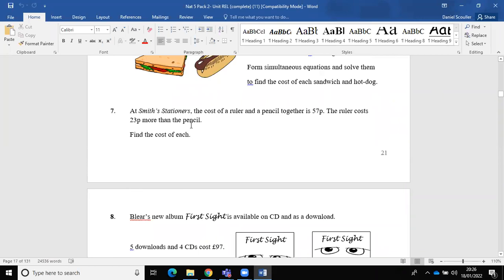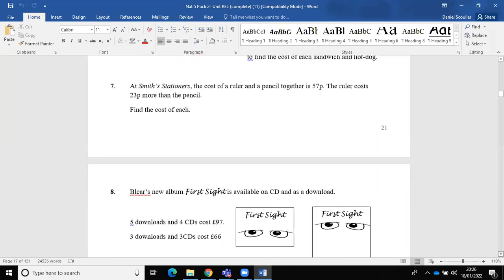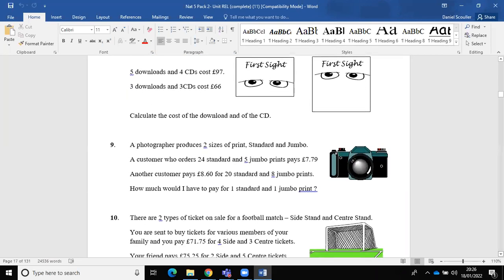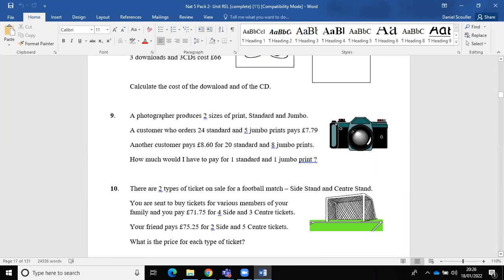So miss out question 7. I just don't like question 7. 8, 9, and 10 should be very similar to what we've just done. I'm just going to do two rooms.